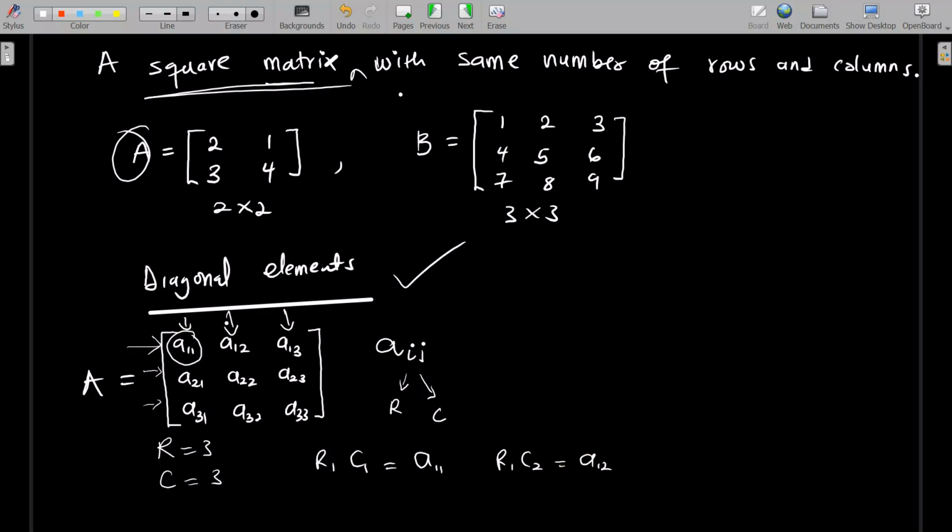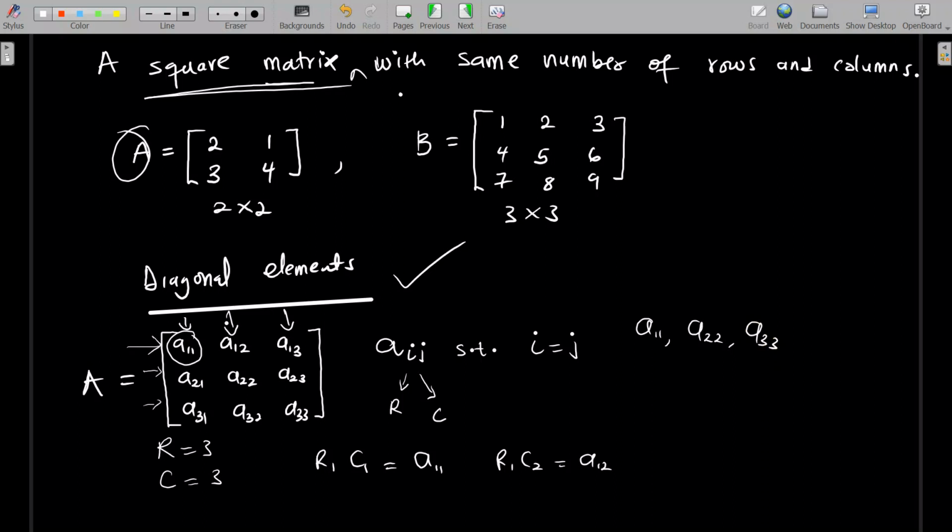The diagonal elements are the elements A_ij such that i is equal to j. In that case, I'm talking about A11, A22, and A33 in the case of a 3 by 3 matrix.